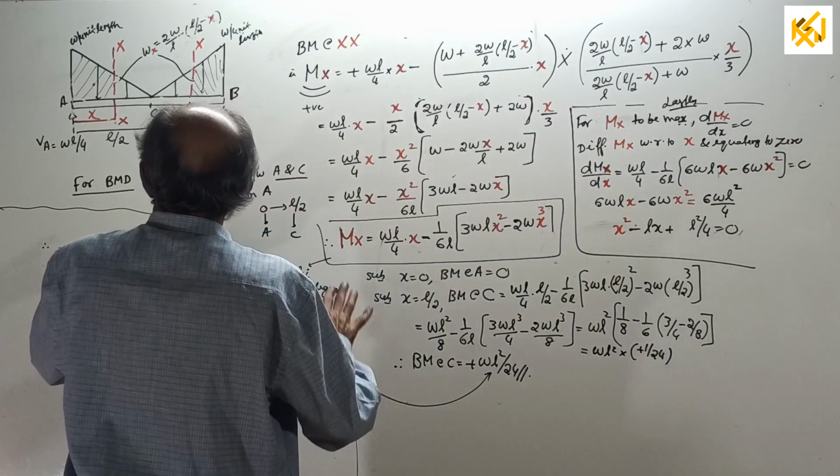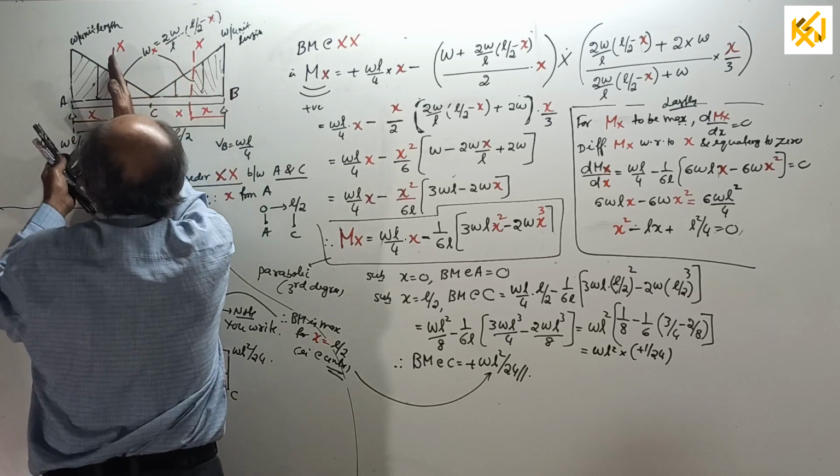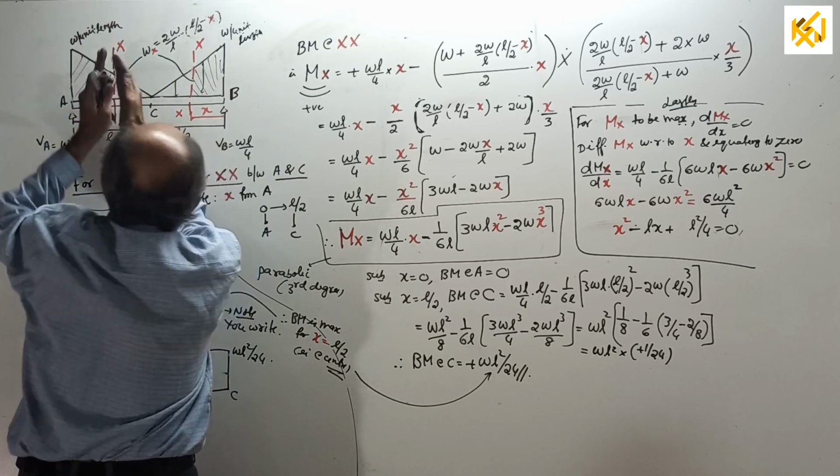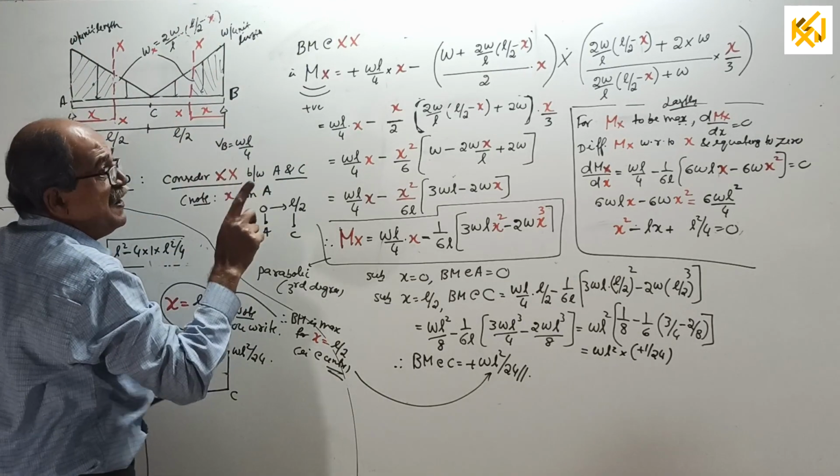There is no point in wasting time for this section XX because WL by 4 into x positive minus, the bending moment is symmetrical.